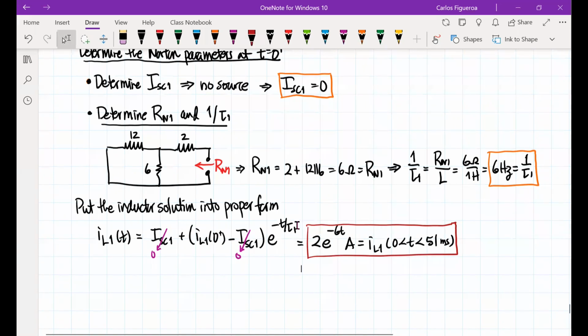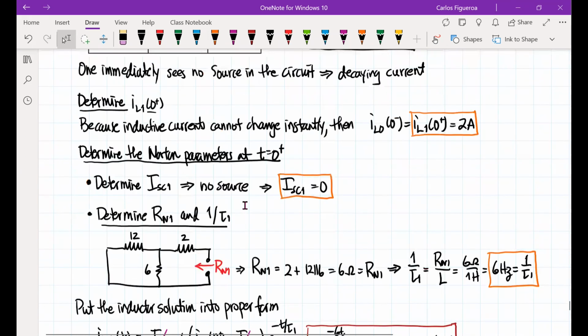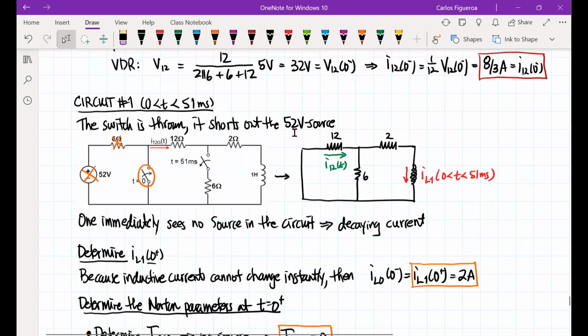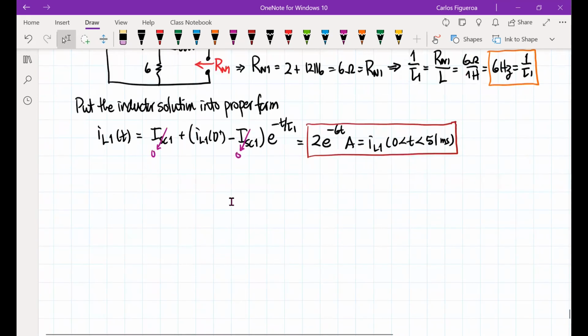Now that I have my inductor solution, I want to go in and calculate the current I12. So look what I'm going to do. I'm going to grab this guy right here because that's our circuit. I'm going to copy this and bring it right down here.